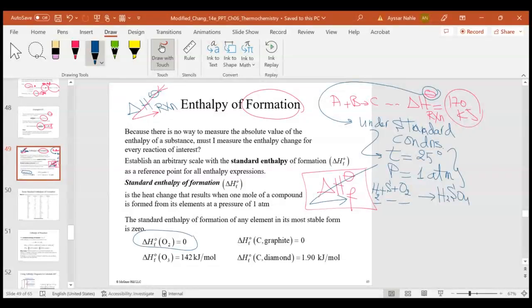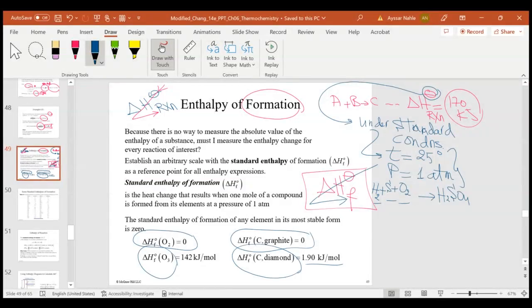Graphite. So delta H not of graphite, that means the standard state of carbon is graphite, is equal to 0. Delta H not formation of O3 is not equal to 0, because ozone is not the actual element in nature. It is equal to a certain value, and that of diamond is also a certain value, and so on. Is it clear?